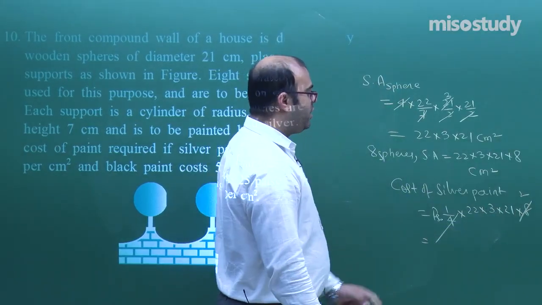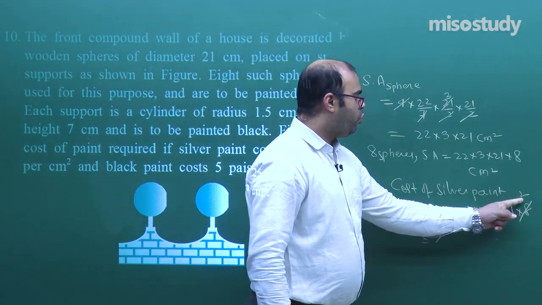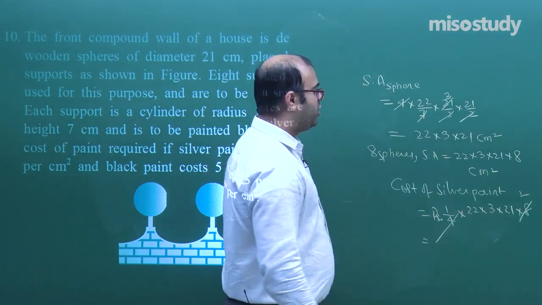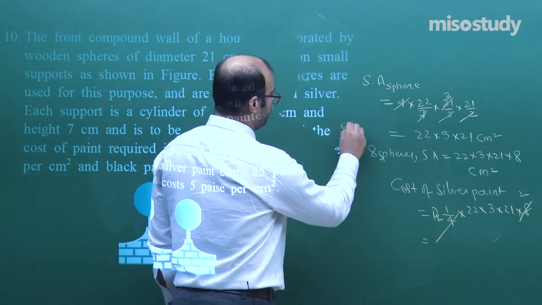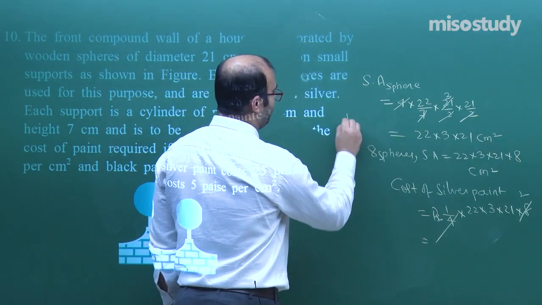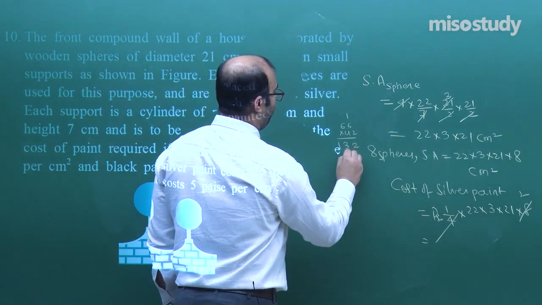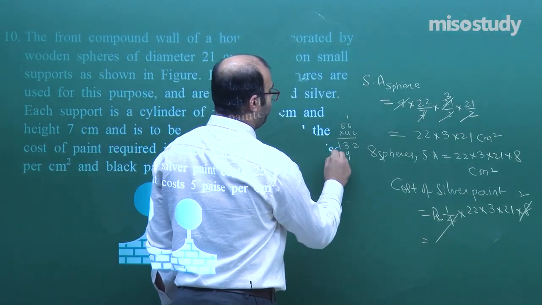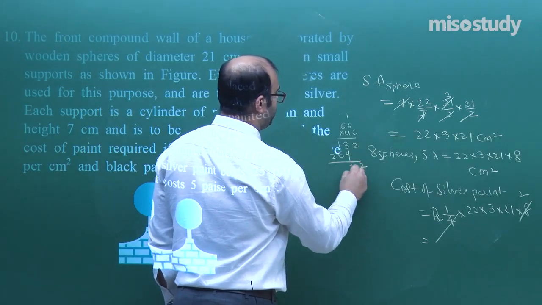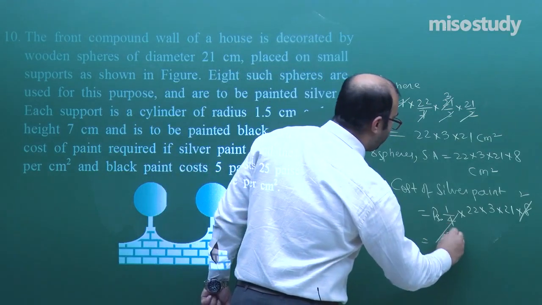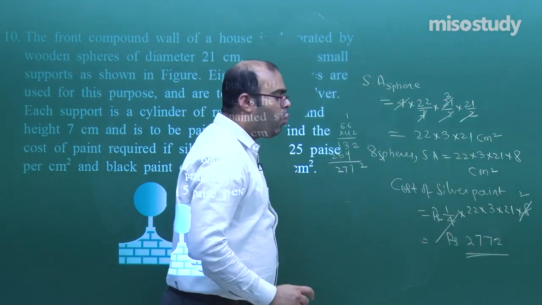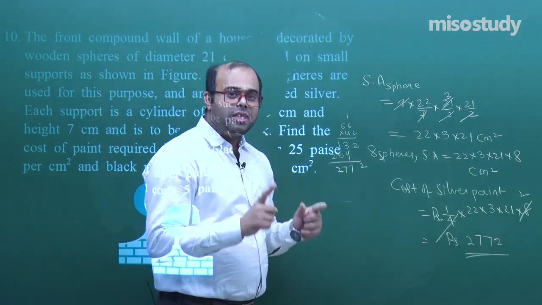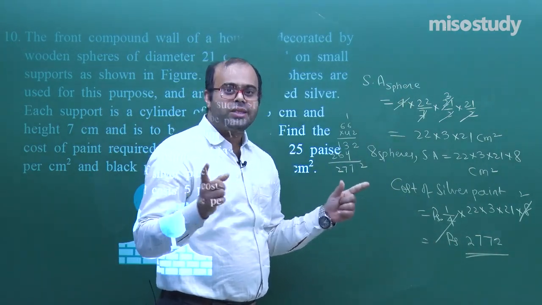So, finally, let us find the value. 21 into 2 is 42 and here it is 66. So, multiply 66 with 42. 2772. 2,772 rupees is required to paint these 8 spheres with silver paint.